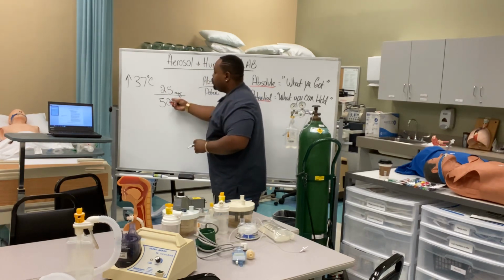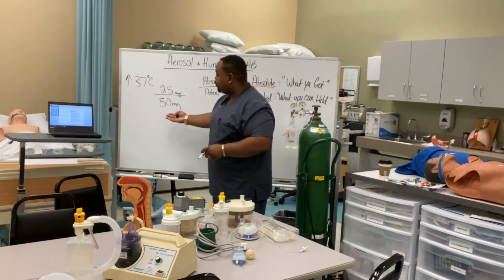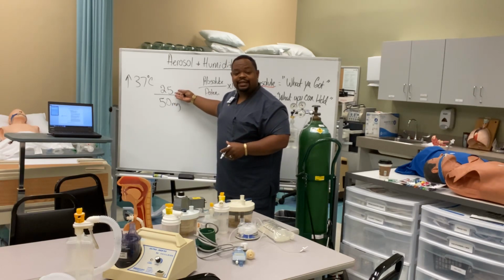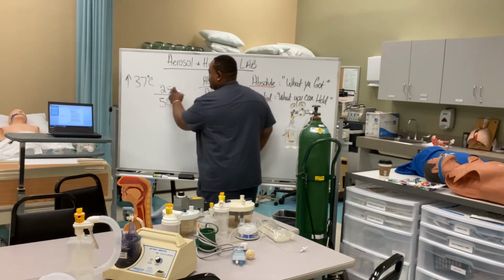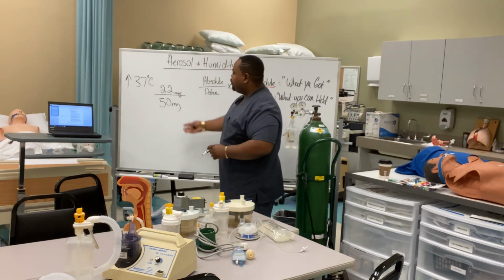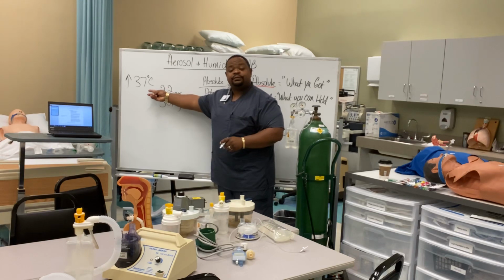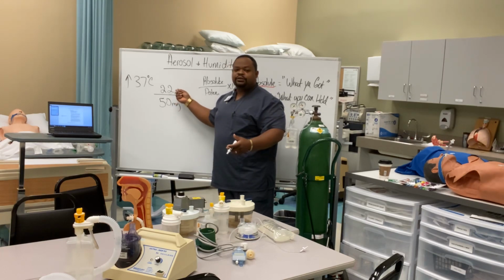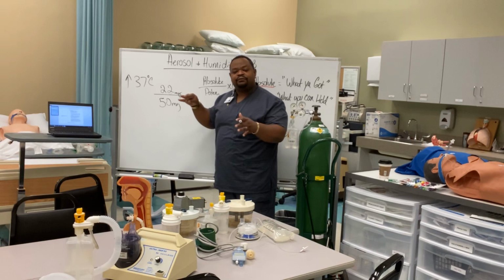So the temperature went up, so the potential went up, but the absolute still stayed the same. The potential that it could hold was 50 now, but you're only holding 22. So that makes the relative humidity go down.